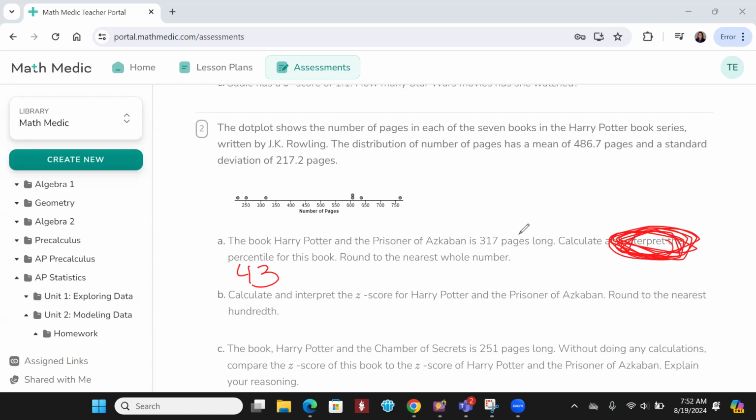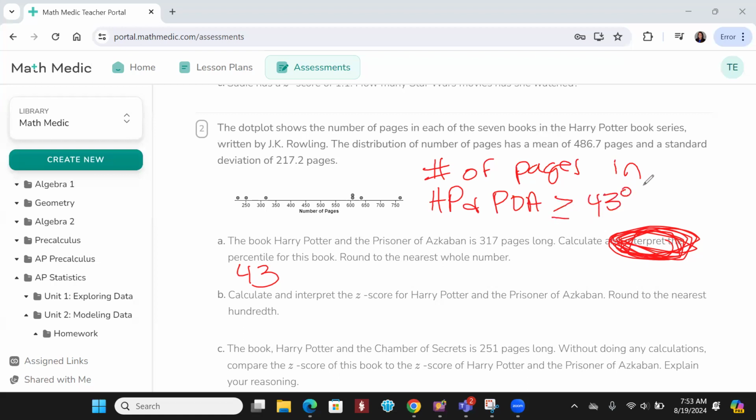So the number of pages in Harry Potter and the Prisoner of Azkaban is greater than or equal to 43% of books in the Harry Potter series. I like that notation. That's cute.